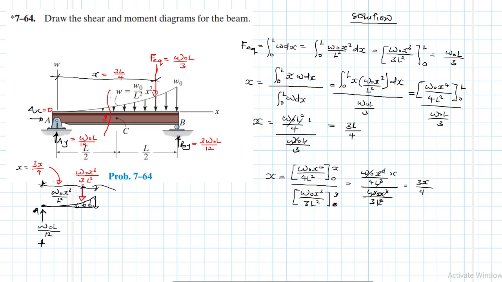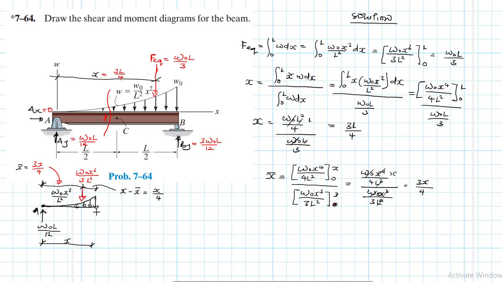Because this distance from there to there is x, right? So this one, let's call it x bar. Then to find this other distance from the loading to the right, this will just be equal to x minus x bar, which is basically equal to x over 4.